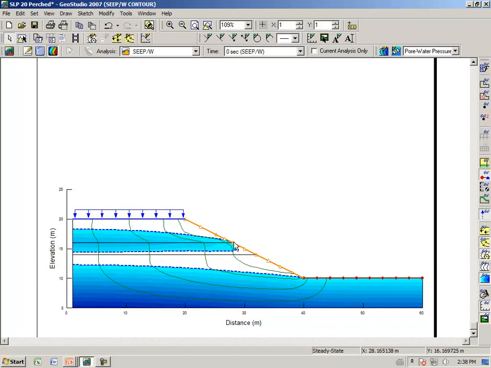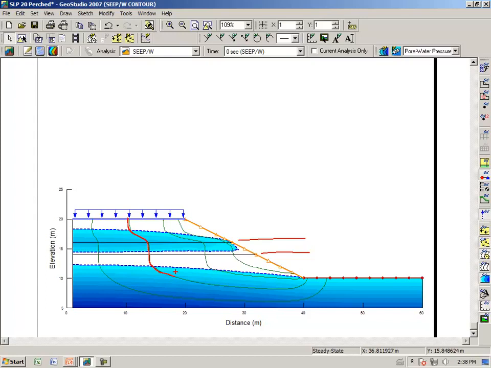There is a layer here that has slightly less permeability than the soil above it and below it. Once again, you notice that there is a flow line here through the unsaturated zone, then it goes through the saturated zone, unsaturated, and then saturated.